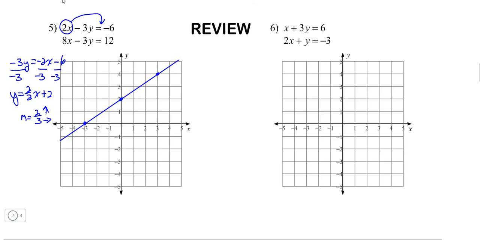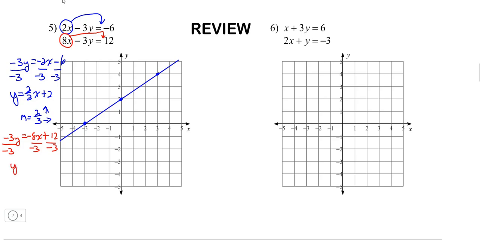All right, now let's take a look at the second equation. Again, we're going to put this in slope-intercept form. So we're going to take this 8x and move it here. It's going to become a -8x. So we get the equation -3y equals -8x plus 12. Then again, we have to divide everything by -3 here.